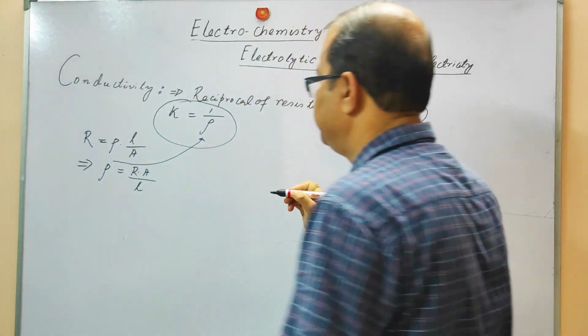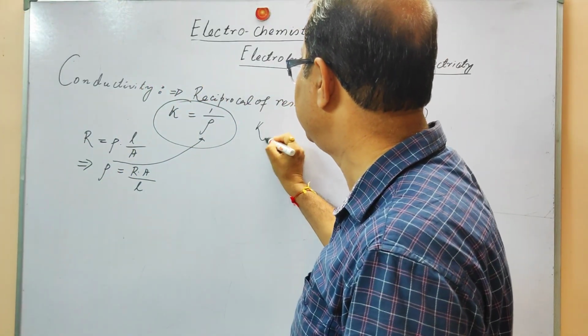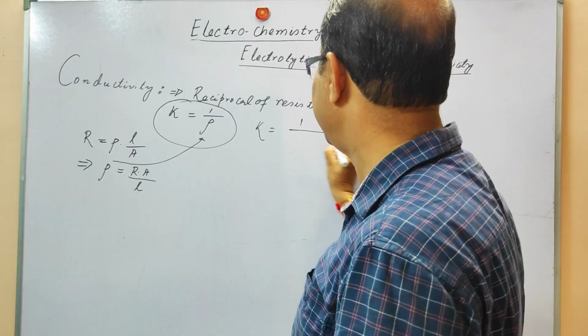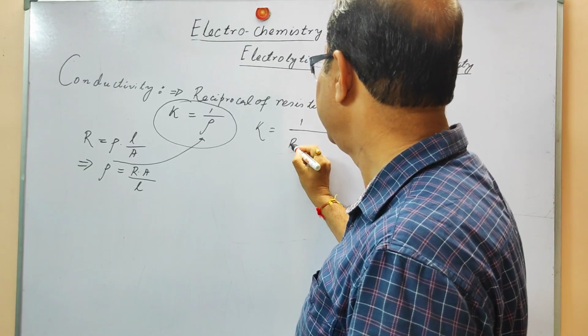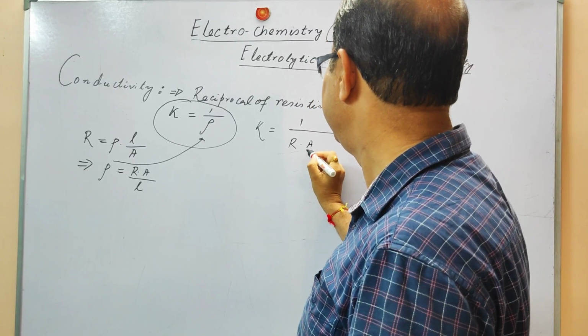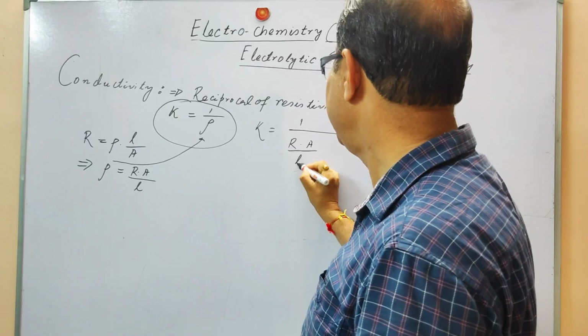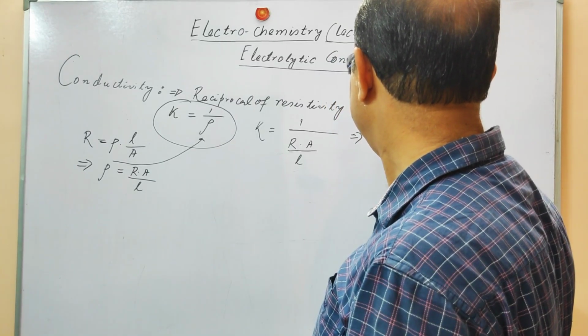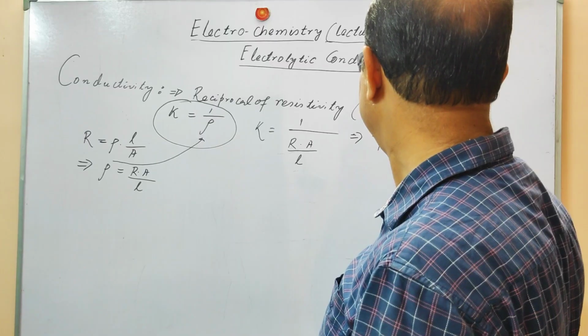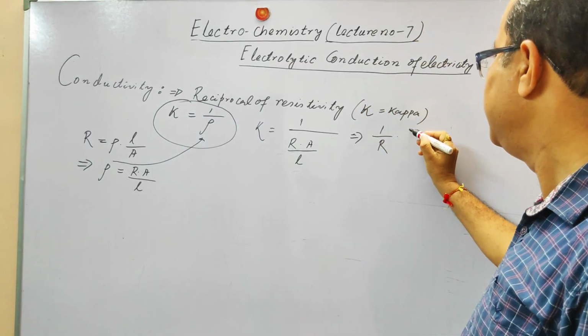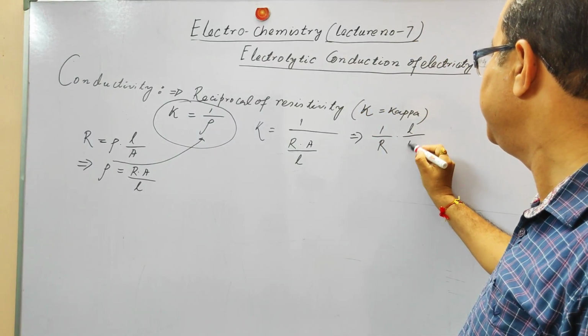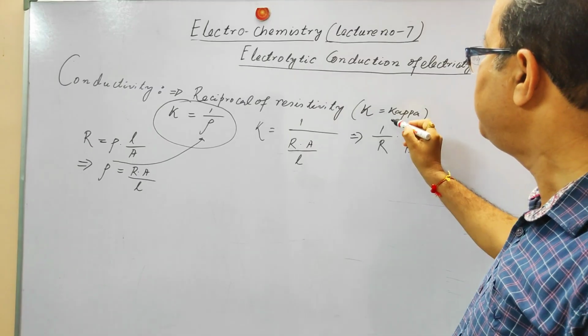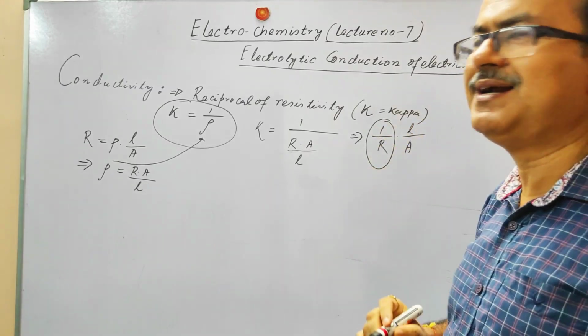What we get is another equation, kappa is 1 by R into L by A. So 1 by R is the conductance.